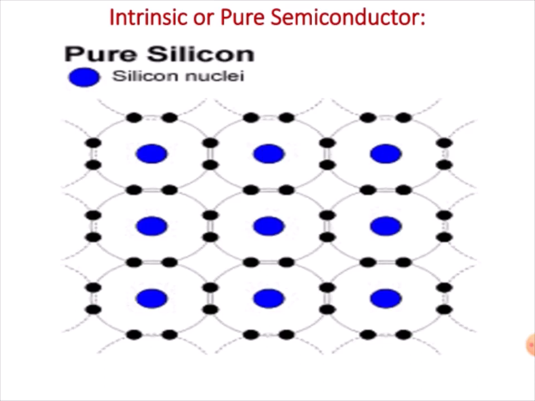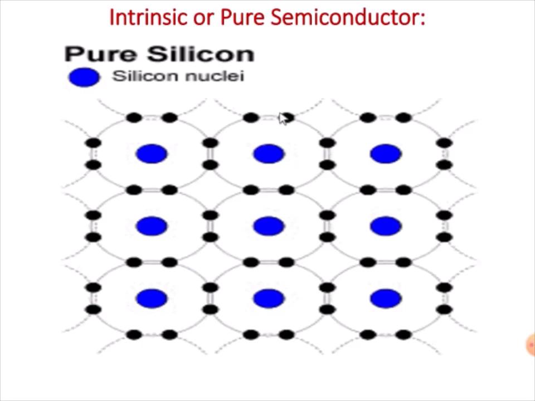It may be pure silicon: in a silicon crystal, only silicon atoms will be there. In the case of germanium, pure germanium atoms are there. No other impurity atoms are present, and we call that type of semiconductor an intrinsic semiconductor. In such an intrinsic semiconductor, the energy gap is around 0.72 eV, and the conduction band is totally empty.